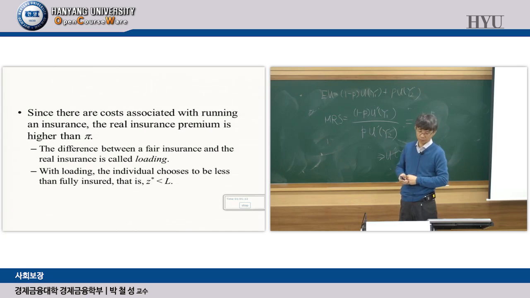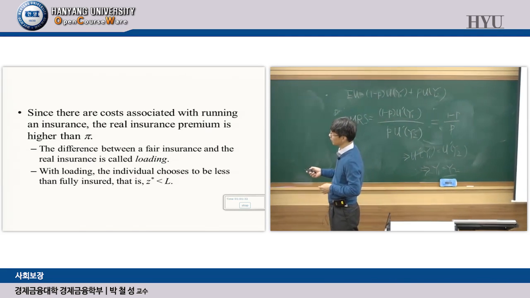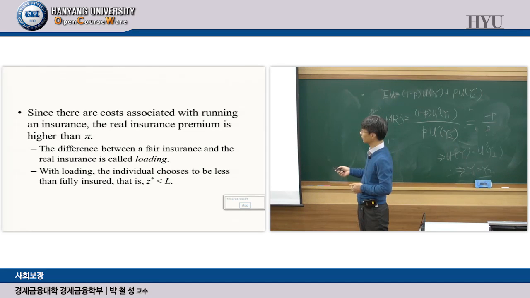So you will make a loss if your premium is exactly equal to the probability of accident. The insurance company will actually charge more than the probability of accident. We call it the loading. The difference between a fair insurance and the real insurance is called the loading.